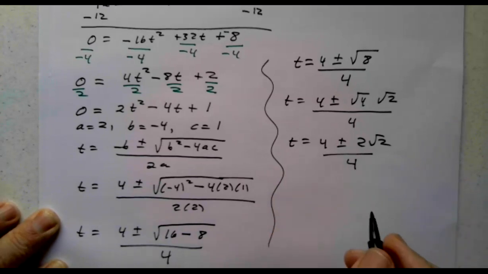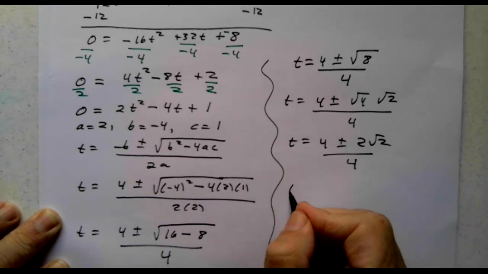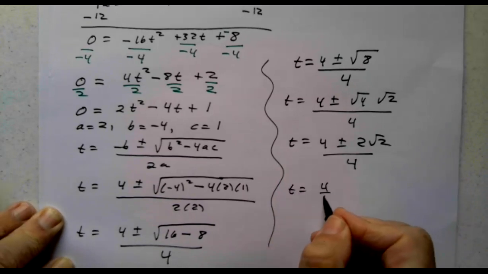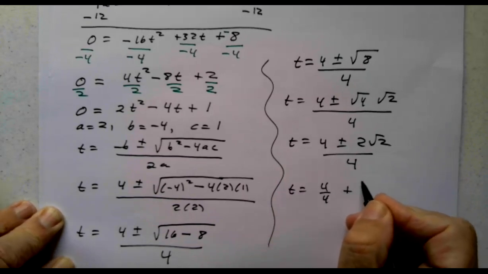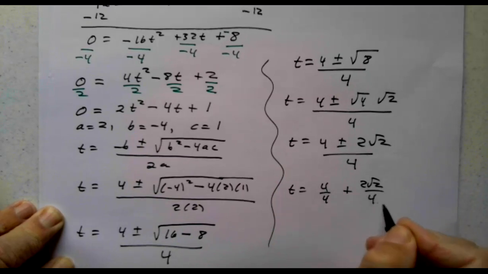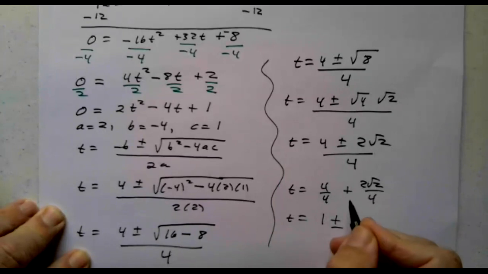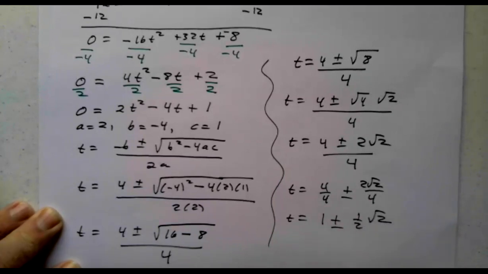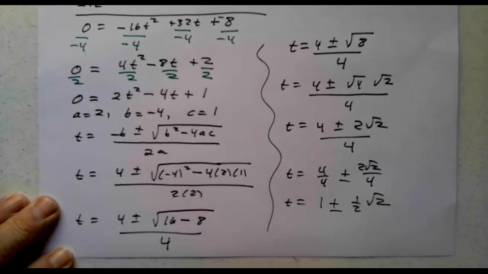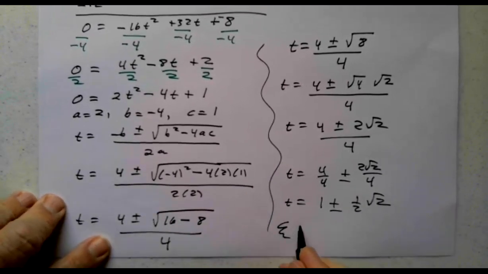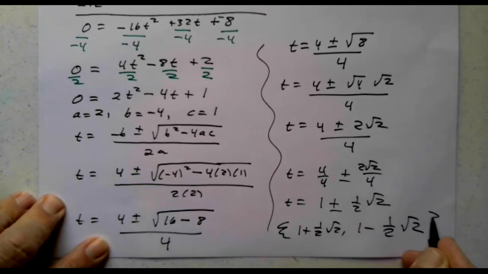Dividing by 4 to make it look a little simpler, t is 4 over 4 plus or minus 2 root 2 over 4. So t is 1 plus or minus 2 over 4, which is 1/2 root 2. So those are my two answers in exact form, 1 plus 1/2 root 2 and 1 minus 1/2 root 2.